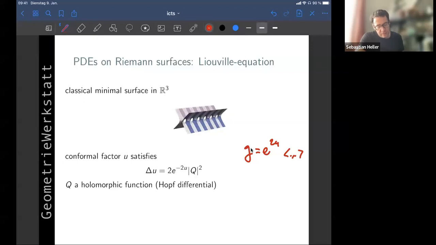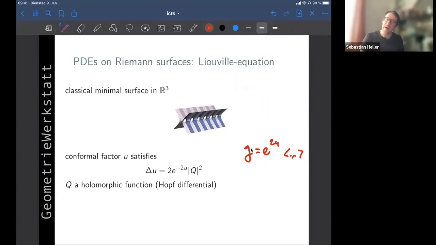Laplace u is 2 times e to the minus 2u times the length of a holomorphic function, which is basically the Hopf differential of the surface. The Hopf differential is the 2-0 part of the second fundamental form. If you have a minimal surface, the mean curvature is 0, of course.